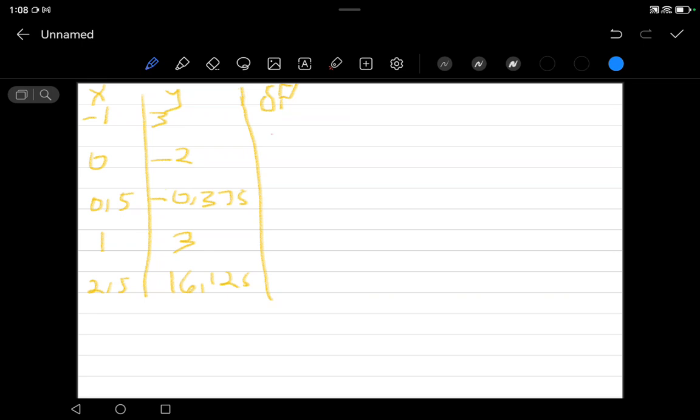No, that's incorrect. When it comes to the divided difference scheme, we're going to divide. So it's going to be negative 2 minus 3 divided by 0 minus negative 1. It's y values divided by x values.